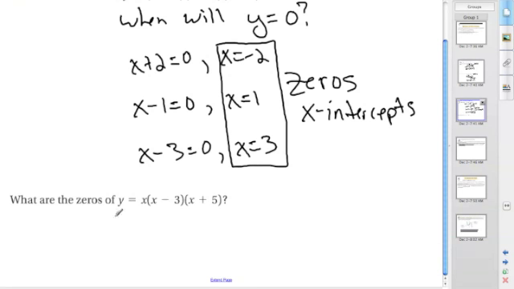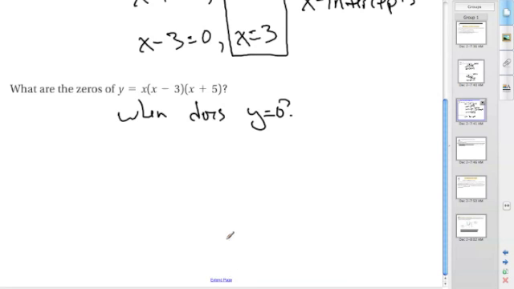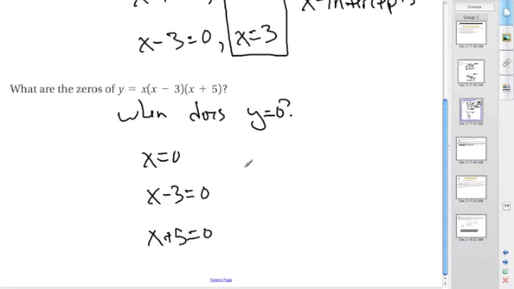Let's try it again. What are the zeros? That means when does y equal 0? It's when x equals 0, x minus 3 equals 0, and x plus 5 equals 0.